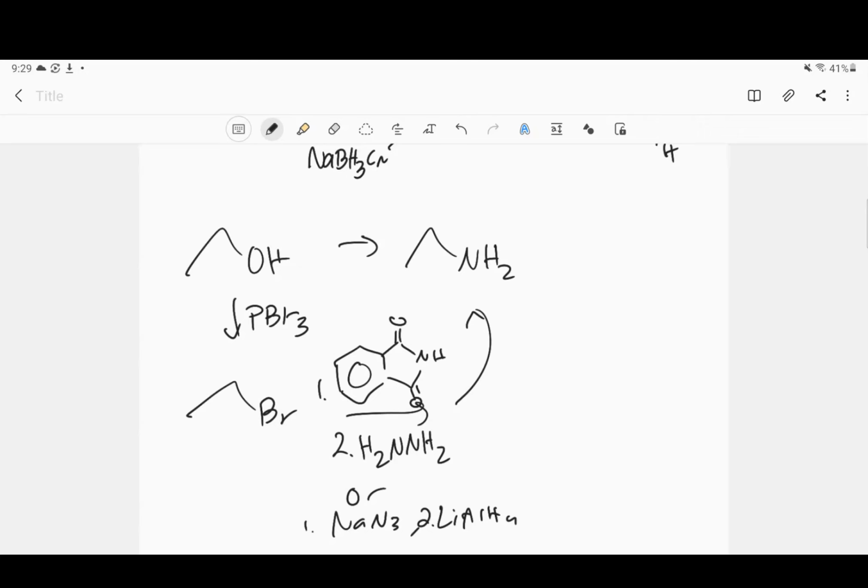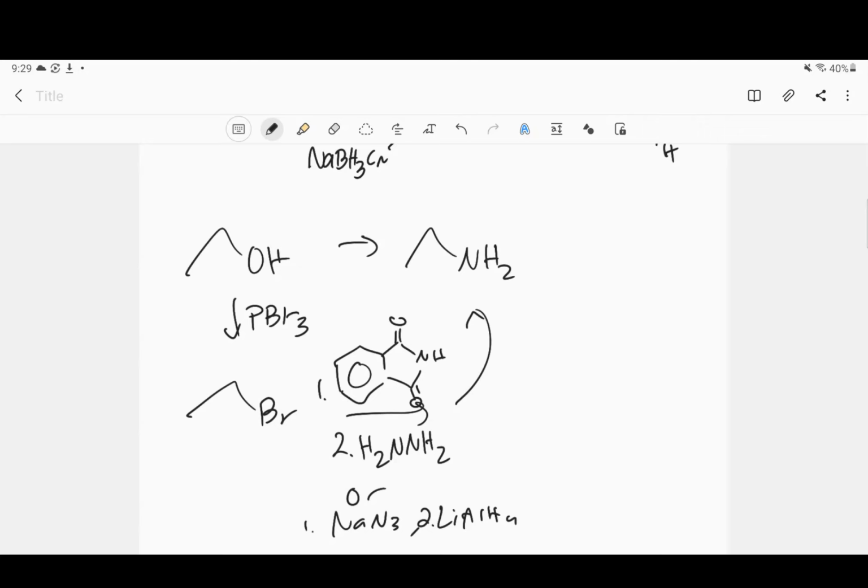Professor, would Gabriel and azide both only work with primary, or can you use one over the other? So Gabriel must be for primary. Azide will give you a primary amine. Actually, both of these will give you a primary amine. So they will give you an NH2. Just remember that primary amine doesn't tell us about the carbon it's on.